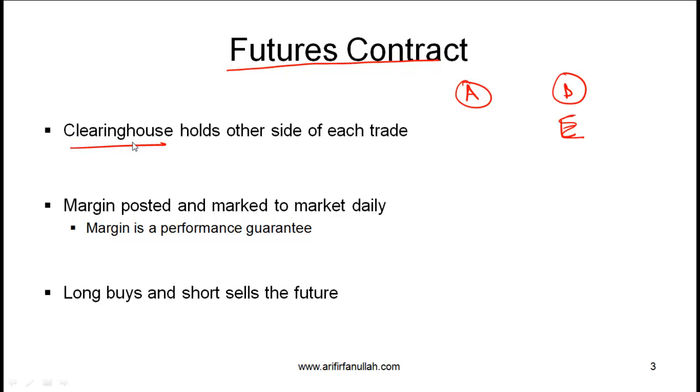The benefit of the counterparty being the clearinghouse is that this reduces or essentially eliminates any credit risk, because the clearinghouse puts certain rules in place so that nobody will default. The way the clearinghouse operates, it essentially sits in the middle. If you want to go long on one contract of cotton, you will take the long position.